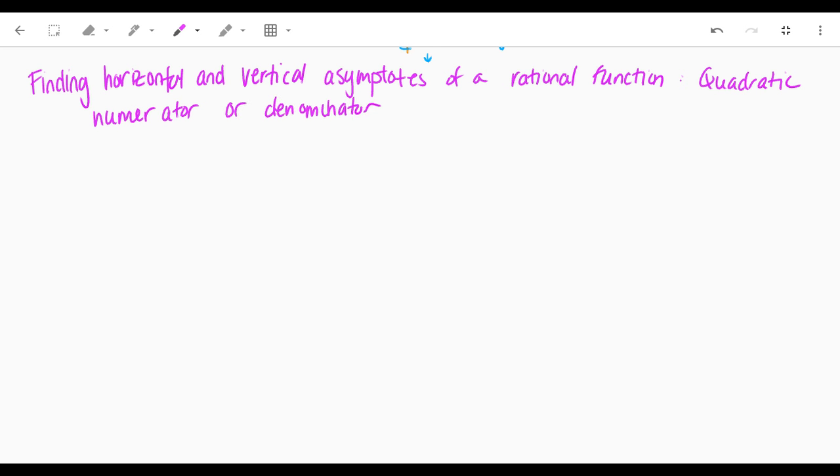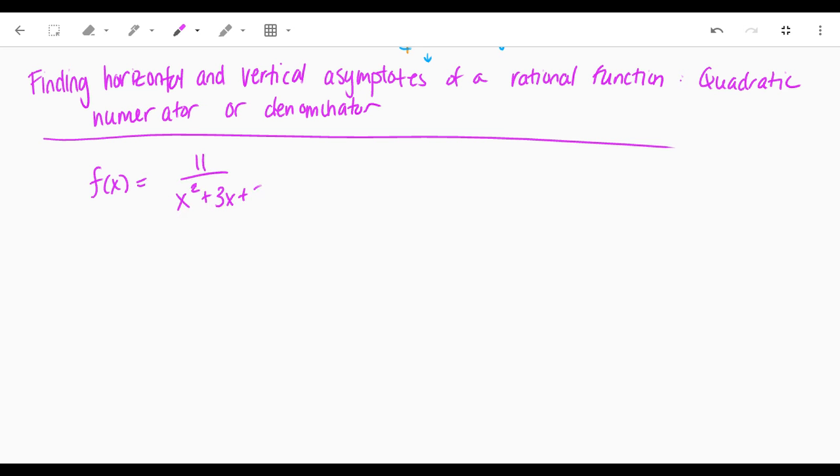Okay, so for this one, your example is f of x equals 11 over x squared plus 3x plus 2. Okay, now what we're going to do here is you need to factor the denominator. Okay, so 11 over x plus 2, x plus 1.